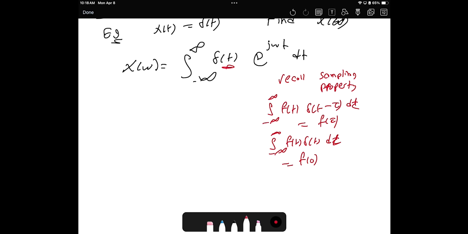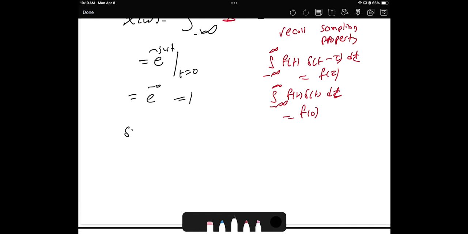Now, we don't have a phase shift, it's delta of t. So, according to the sampling property, we substitute t equal to 0 in e to the power negative j omega t. Okay, does this make sense? We know this from the properties of the delta function. If you have a problem with that, please go back to the delta function, you can watch the recording. So it will be e to the power negative 0, e to the power 0, equal to 1. So, as a result, delta of t, when we convert it to the omega domain, will be 1.